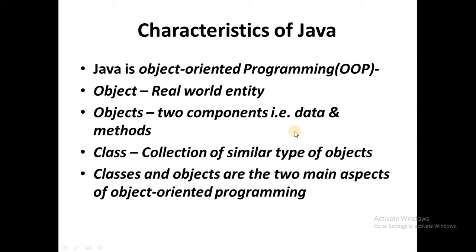Mobile is an object, TV is an object, book is an object, bike is an object, car is an object, laptop is an object. If you consider a single individual person, yes, that individual person is also an object because those objects are real world entities or physically existed.